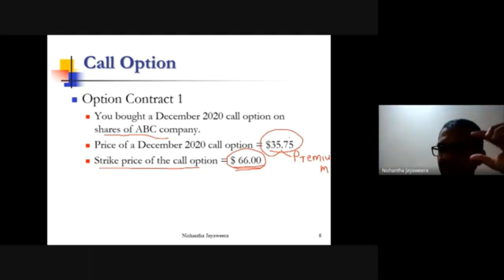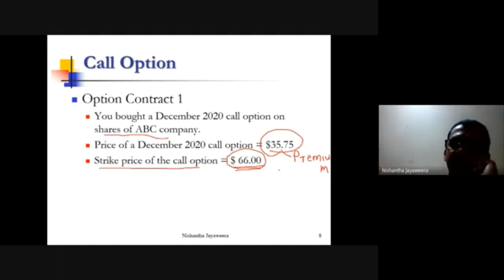That means the contract consists of more than one share, probably 100 shares. So per share you pay only 0.3575 to get the right. Clear? Generally, in the OTC market, the option price is given per unit of the underlying.